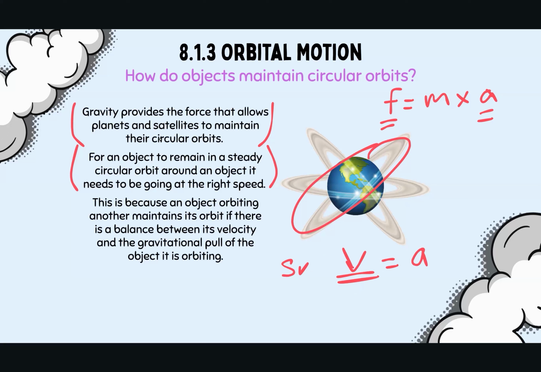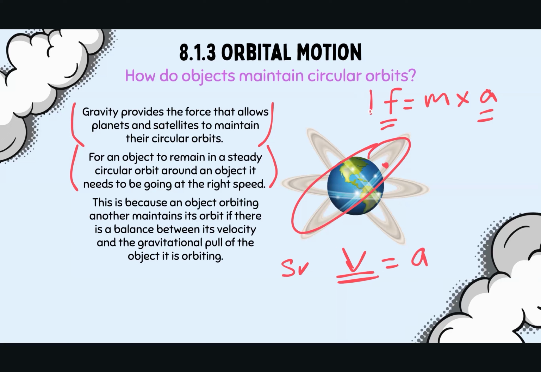Now, if something is closer to the source of the gravity, that force of gravity is bigger. So, for example, if I move something closer to a magnet, then the magnetic field is going to be stronger. If you move something closer to the Earth, the force of the pull from gravity is going to be stronger.